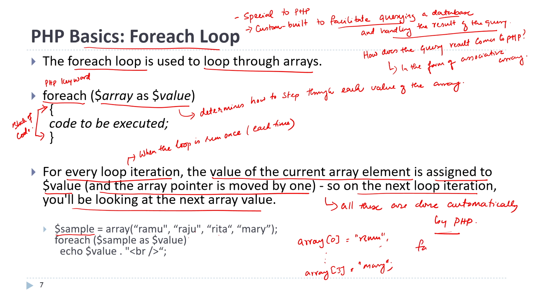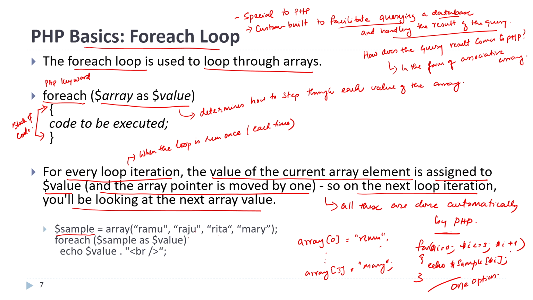One way to do it is for $i equal to 0, $i less than or equal to 3, $i++, you can say echo $sample[$i]. I need to decide what is the start, what is the maximum value, the increment, everything. This is one option.